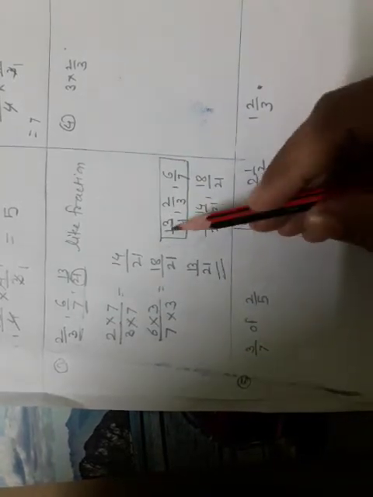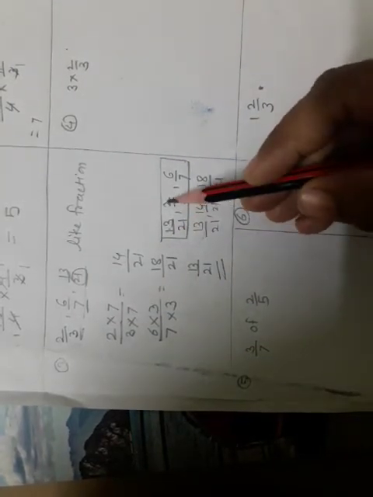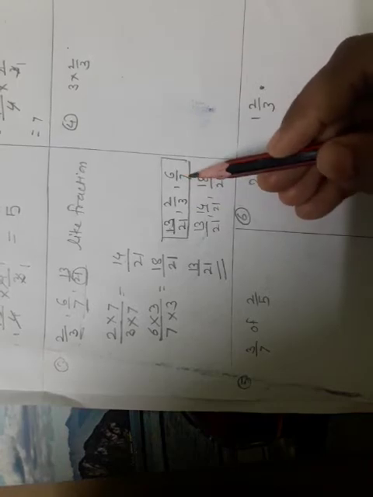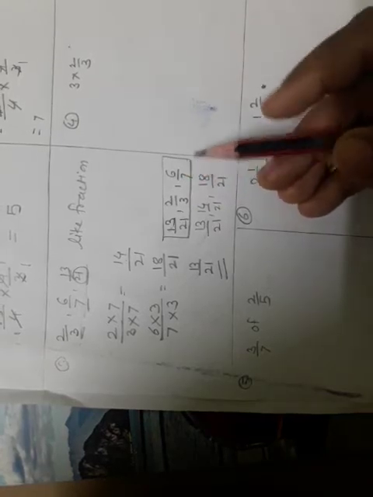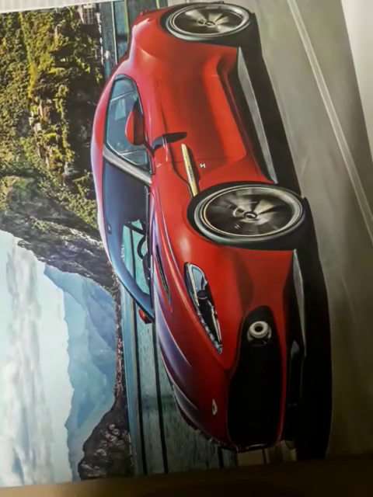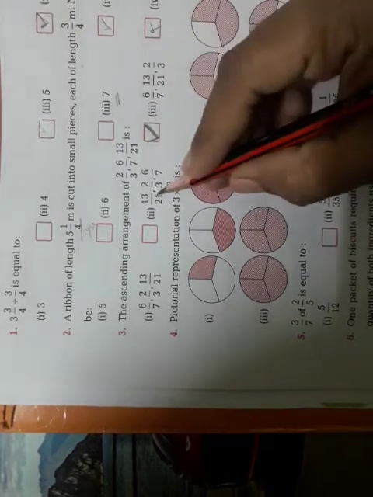Okay, 13 by 21 is first, then second is 2 by 3, and 6 by 7 is last. So the second option is the correct answer. In the back side of the last pages, the answer is given as the third option, but the third option is not correct. The second option is the correct answer.